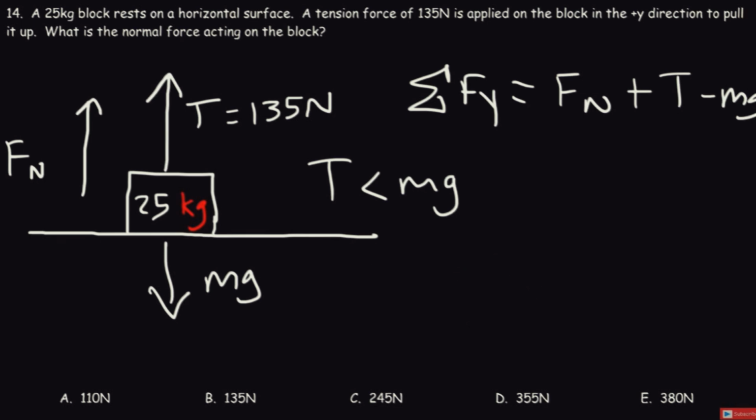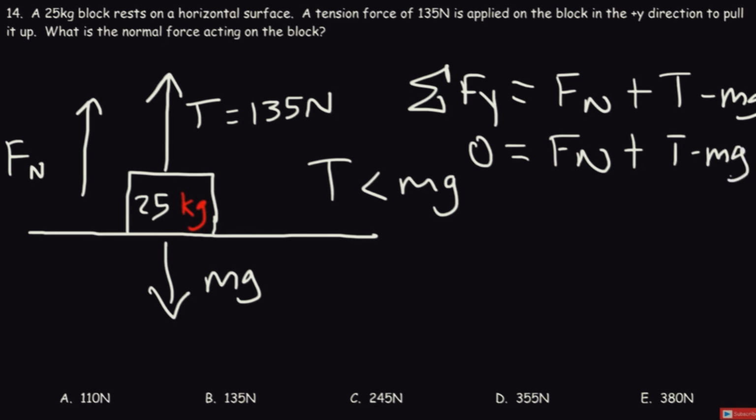Now, because the tension force is less than the weight force, the block remains at rest, which means the net force in the y direction is 0. So 0 is equal to Fn plus T minus mg.